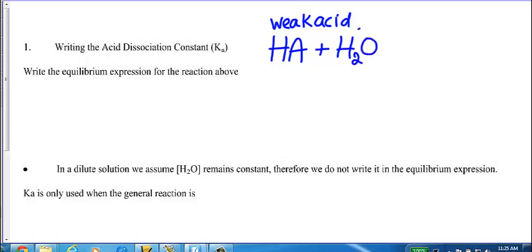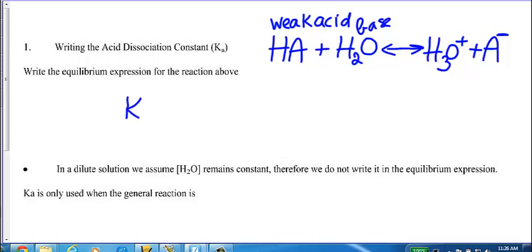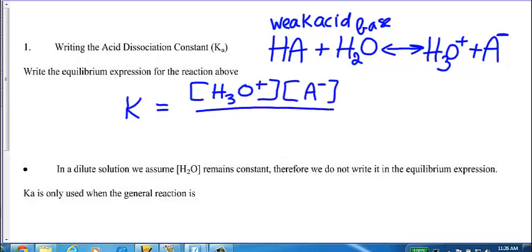Water acts as the base and pulls the proton off of the acid. And that gives you H3O plus and A minus. So we can write an equilibrium expression for this reaction. K would equal the concentration of H3O plus times the concentration of A minus over the concentration of HA.